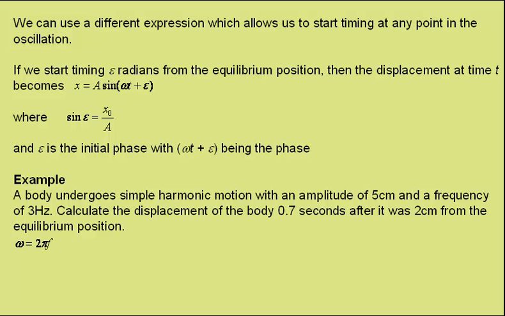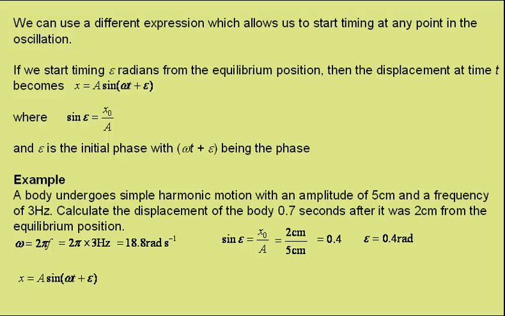Well, first we know that omega is equal to 2 pi times the frequency, giving a value of 18.8 radians per second, and sine of epsilon is x naught over a, which in this case is 2 centimeters, the initial displacement, over the amplitude of 5 centimeters, giving 0.4, meaning epsilon is 0.4 radians, making sure your calculator is in radians mode throughout these calculations.